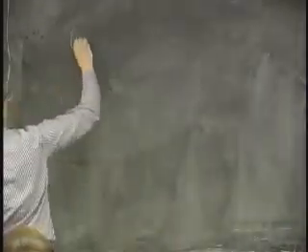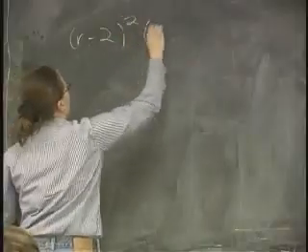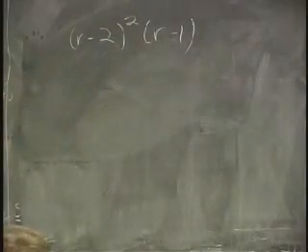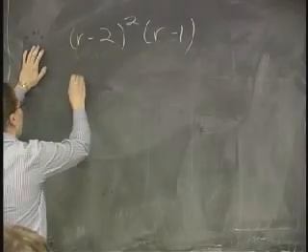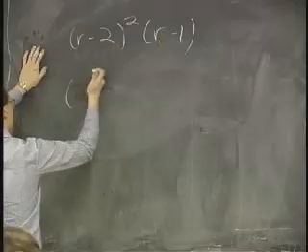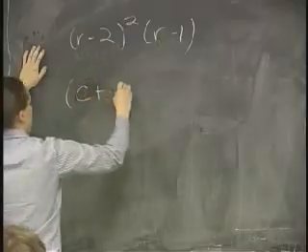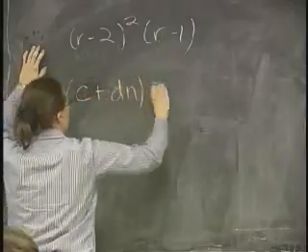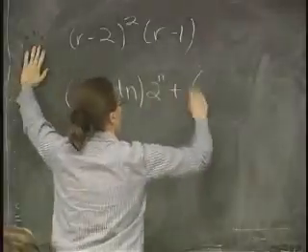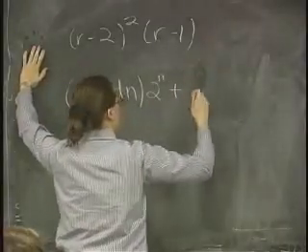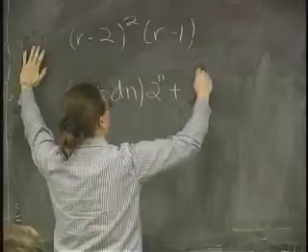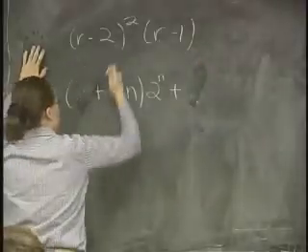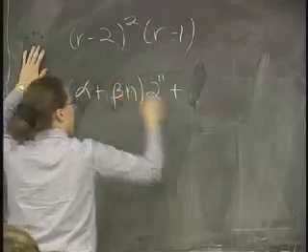Let's say we have (r minus 2) squared times (r minus 1). This is Joe's example, and this is probably the worst we'll see it. So what's going on here is I have to write something like (c plus dn) times 2 to the n plus, I can't use e now, alpha times 1 to the n.